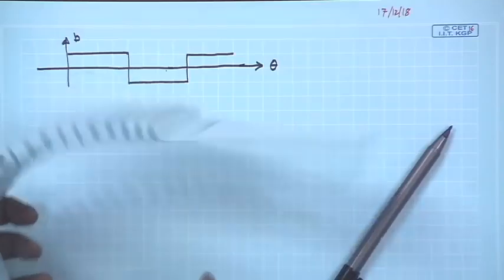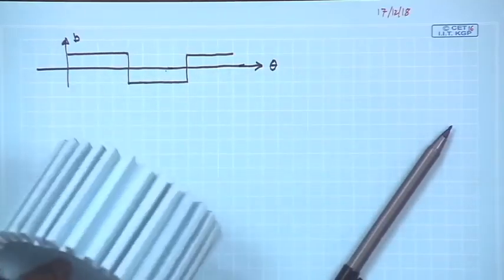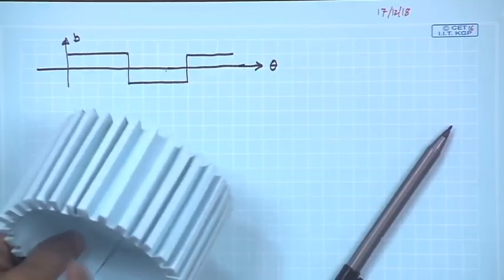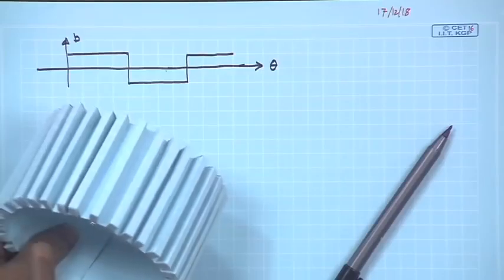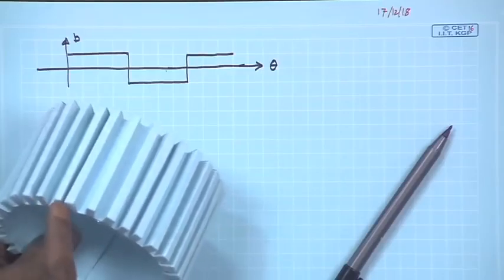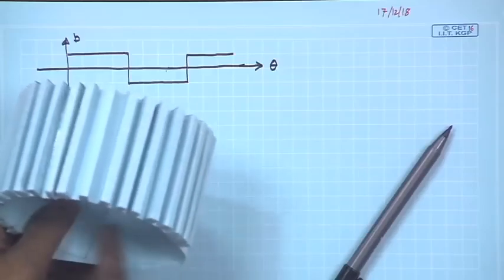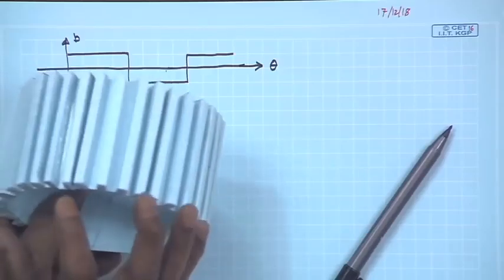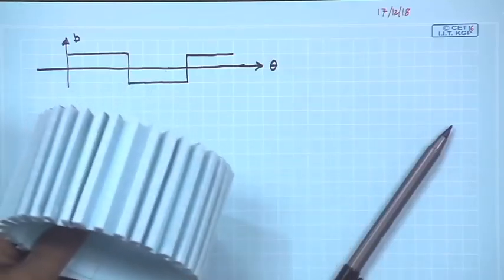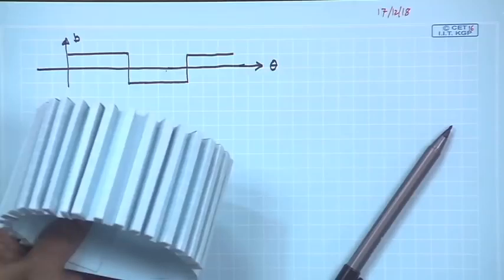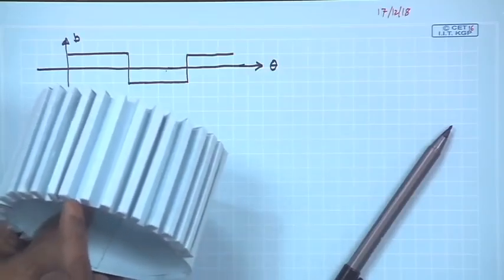Now, suppose you are having these as the iron of the rotor, and these things are the teeth. It is made of iron, inside also it is iron. It is a solid block of iron. They may of course be laminated, that we will see later, but the basic structure is made of soft iron with some slots.